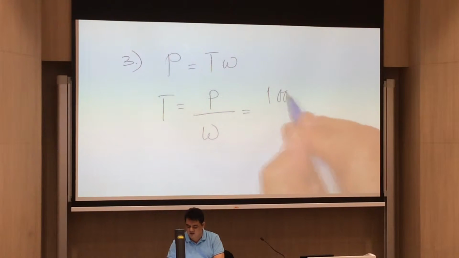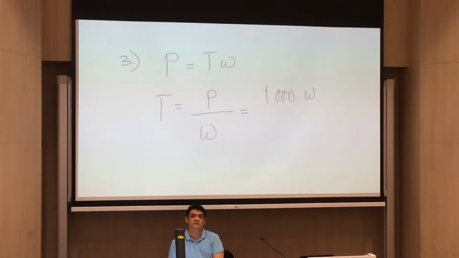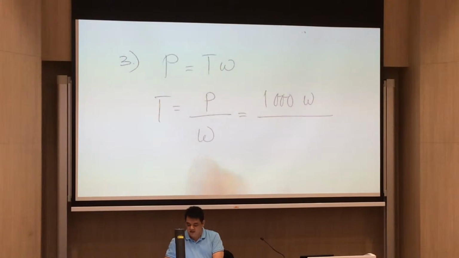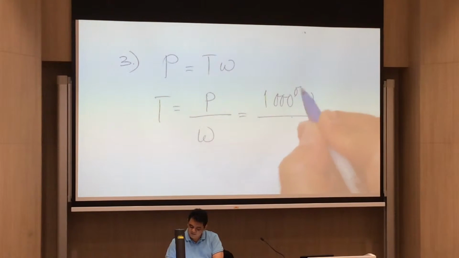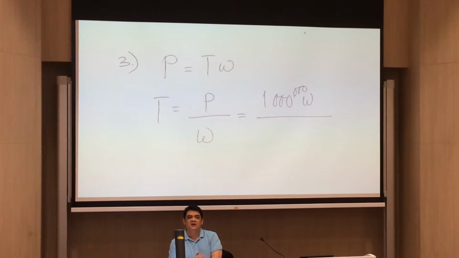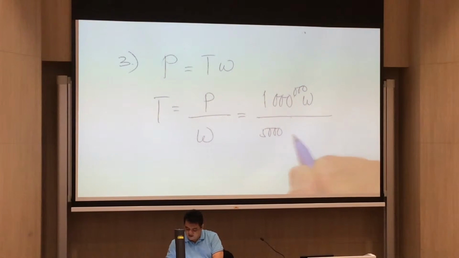This one now will be 1 megawatt, so 1 million watts. Your omega is equal to a value in radians per second. Now moving on, you have here 5,000 revolutions per minute.